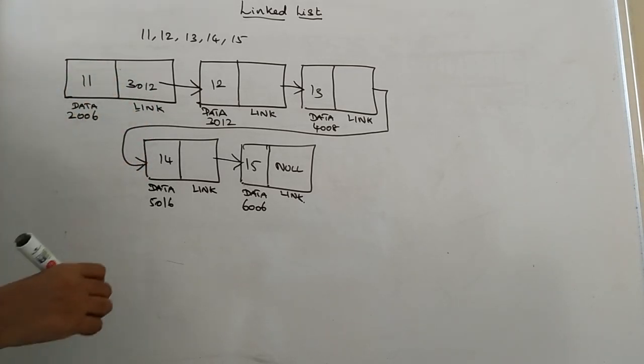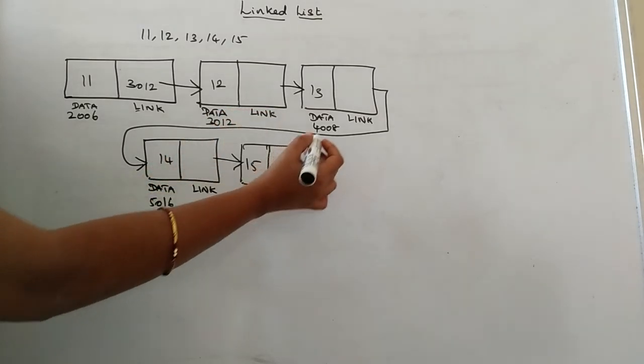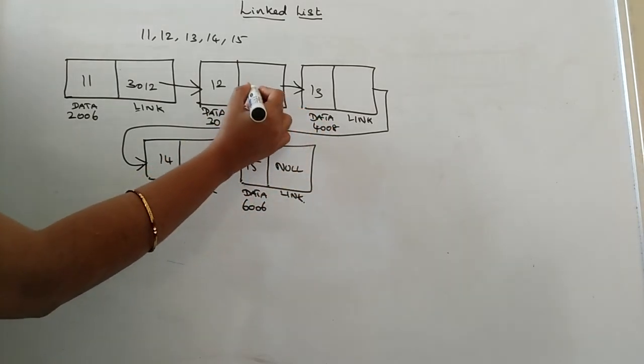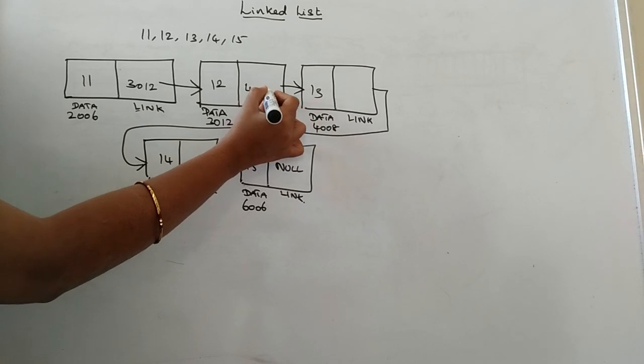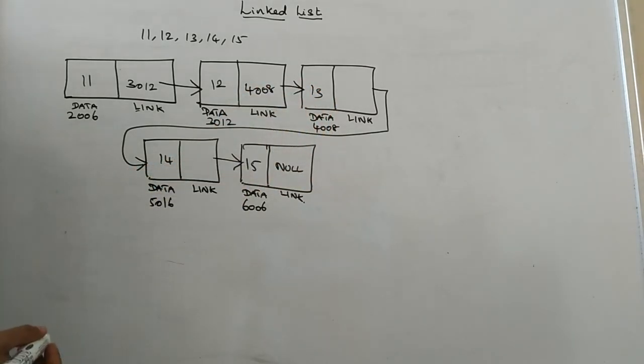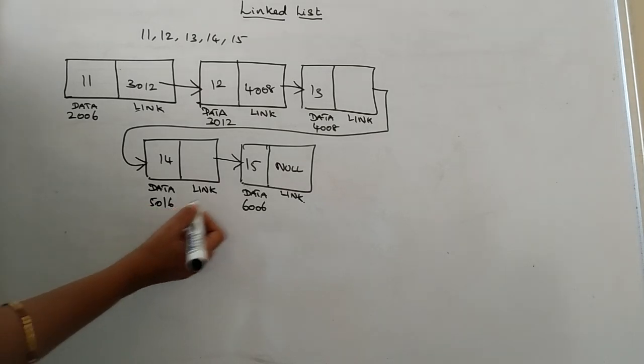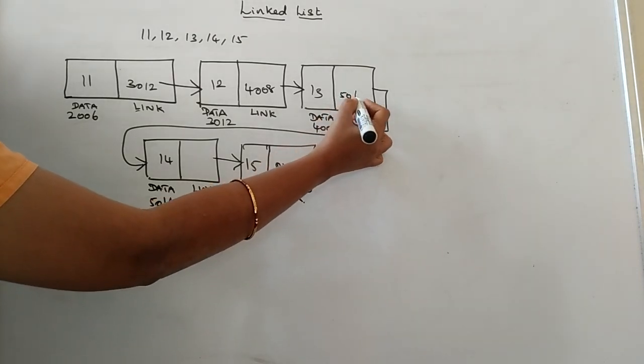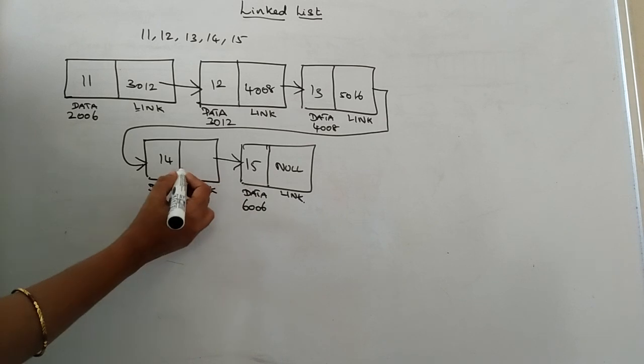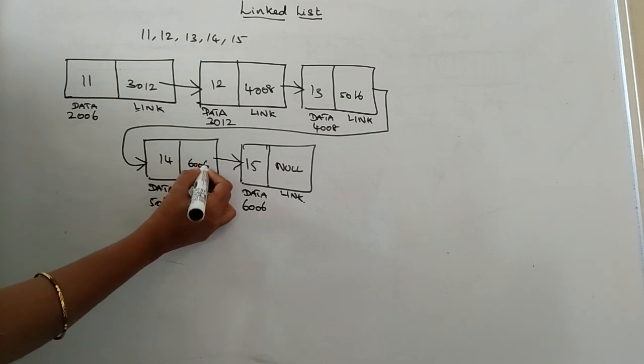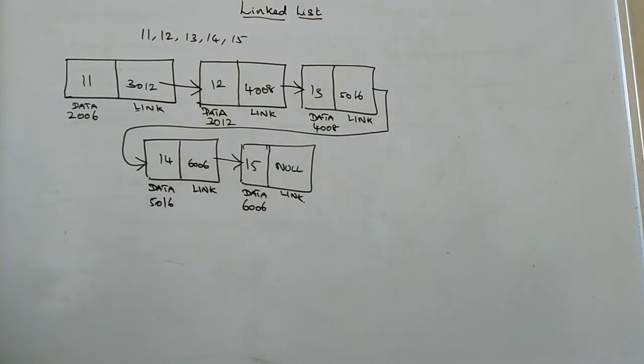So here the link is a pointer, and it stores the address of the third node, 4008, and only then is it pointing to that corresponding location. The address of the fourth node will get stored here, and the address of the fifth node will get stored here. Okay, so this is the representation of a linked list.